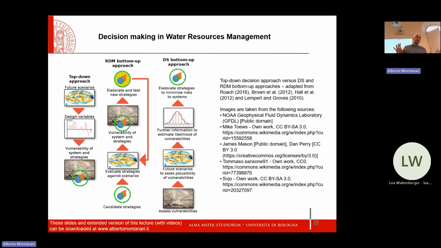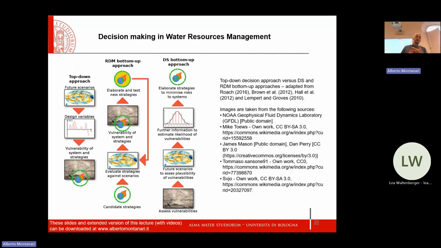And then, after assessing the vulnerability, the plausibility of this vulnerability in the future against our perception of the future climate, we elaborate strategies to minimize the risk to systems. So here you may see that indeed the strategies come as the last step, but there is anyway the idea of starting from vulnerabilities, the idea of starting from a practical solution to the problem.